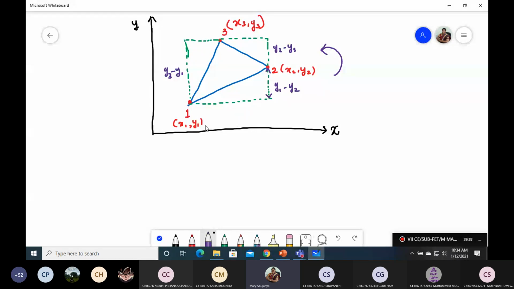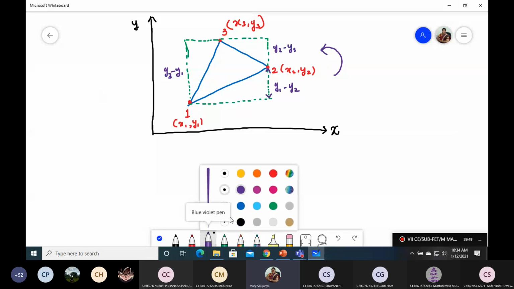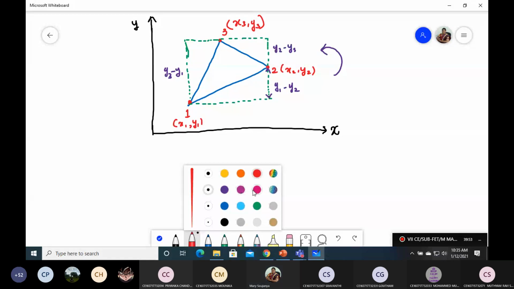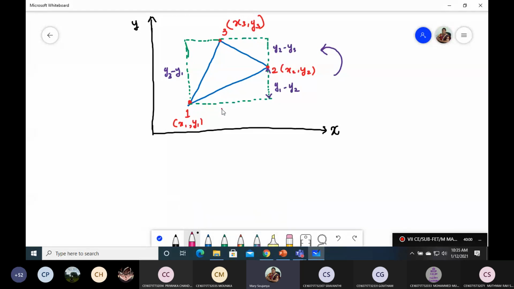This is how we are going: y1 to y2, then y2 to y3, and then y3 to y1. This is how the cycle goes. When it comes to x, let us take this one. When it comes to x direction, it is C3. So y2 minus y1.